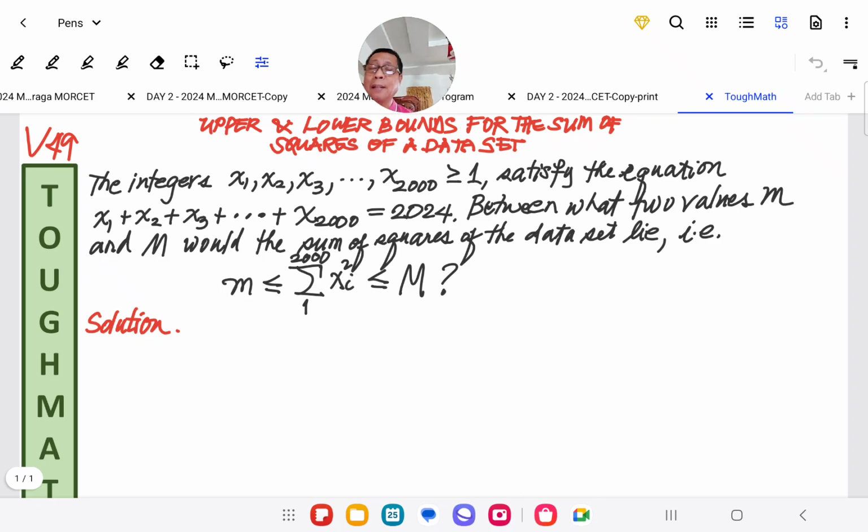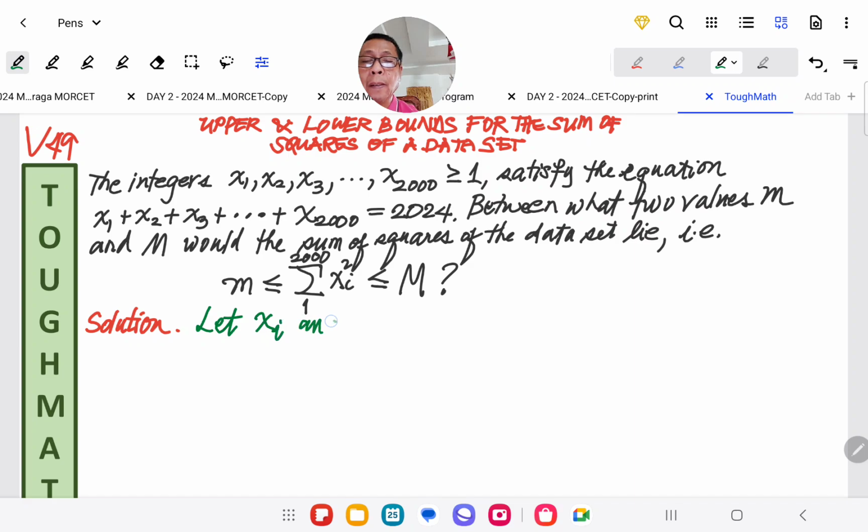Okay? There are overwhelmingly more ones than those that are greater than 1. So let x sub i and x sub j be two integers from this data set.